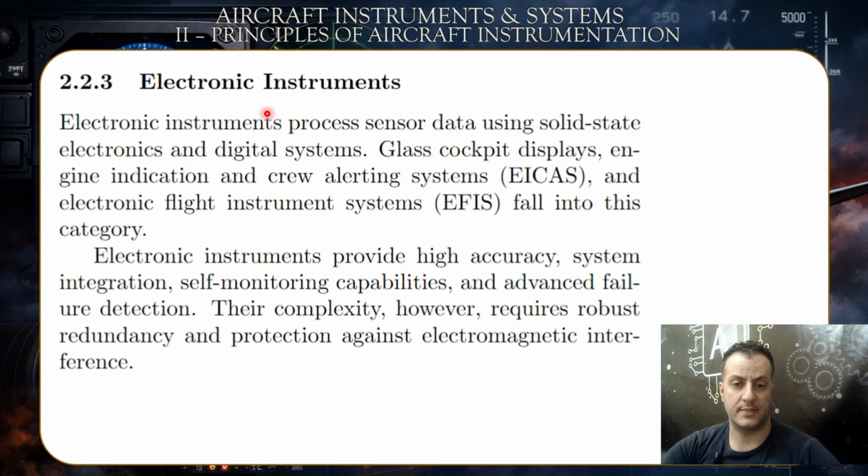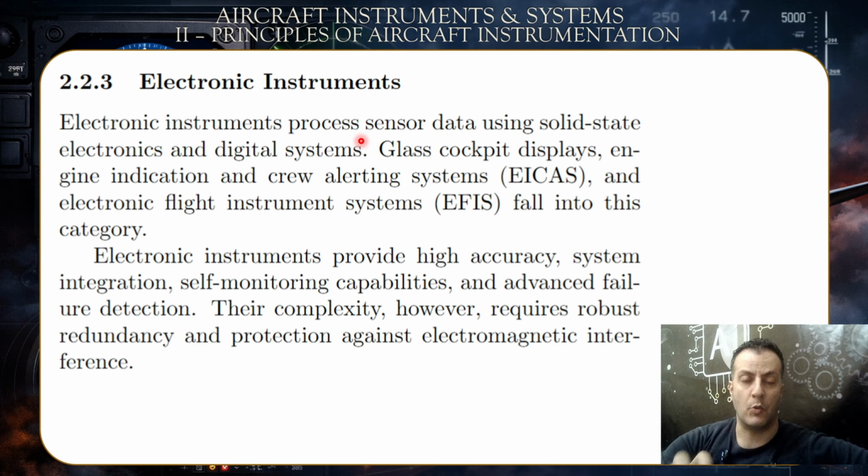Electronic instruments. Now, electronic instruments process sensor data using solid-state electronics and digital systems. So you have electronic circuitry on which these instruments depend for their measurements. You have the glass cockpit displays and the engine indication and crew alerting system, or EICAS. We've already discussed that.